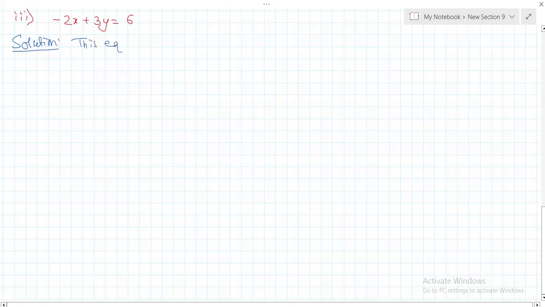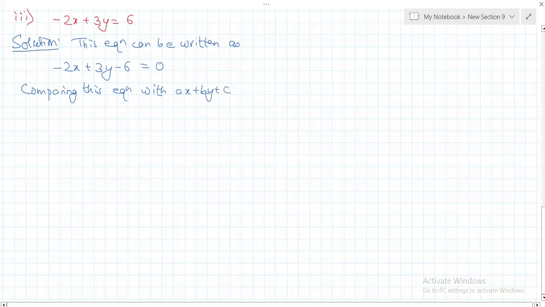This equation can be written as minus 2x plus 3y. Okay, so plus 6 can be moved to left hand side, then it will be minus 6 equal to 0. Okay, now let us compare this equation with ax plus by plus c equal to 0.